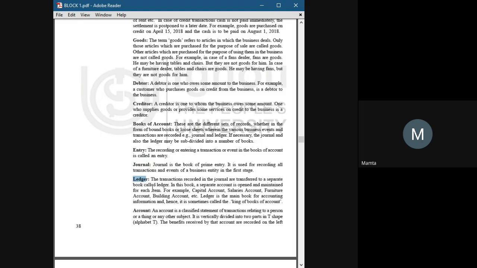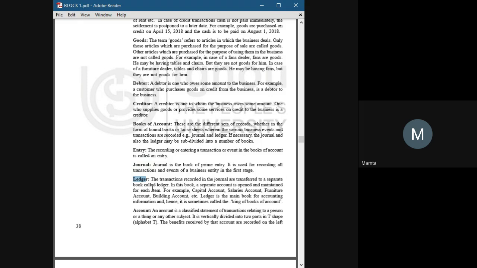Like, I have made a journal entry: cash account debit to purchases account. Whenever I see "to" in an entry, that means the account which is related with "to" is under credit.